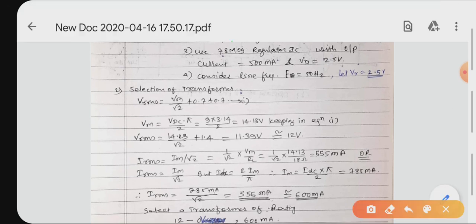If you are going to use 78M09, the output voltage is 9 volt, therefore the dropout voltage is 2.5 volt, again for all 78 series. Frequency is constant 50 hertz, and let us consider VR ripple voltage 2.5 volt for this particular problem.